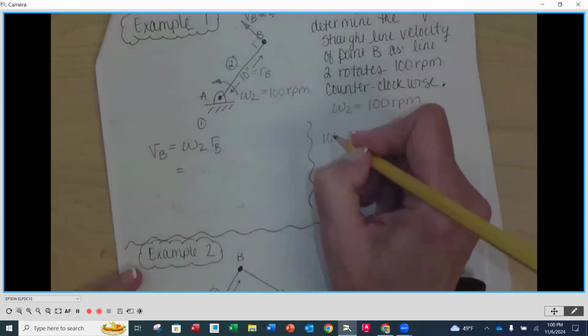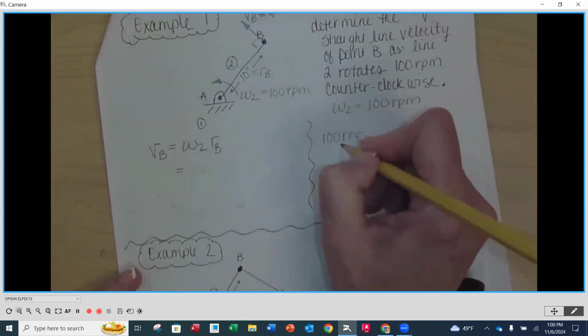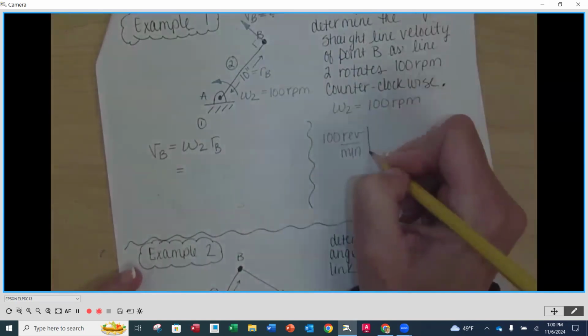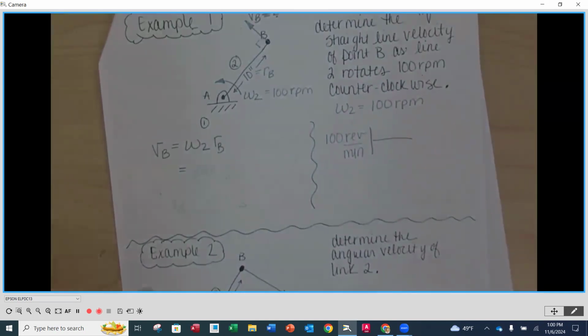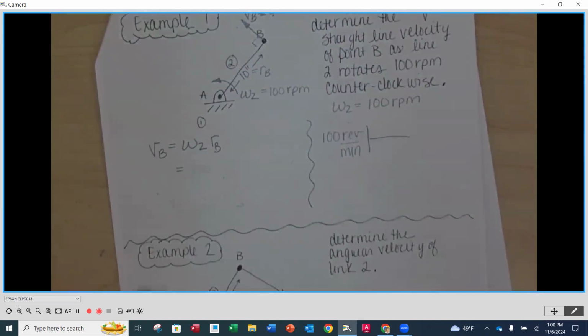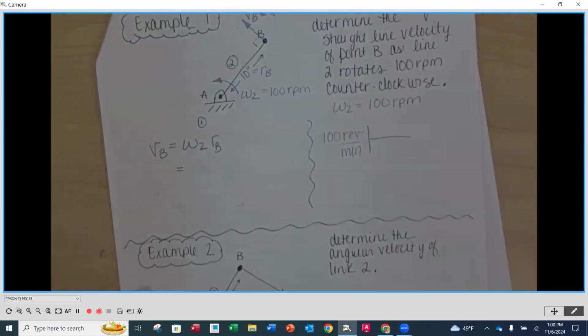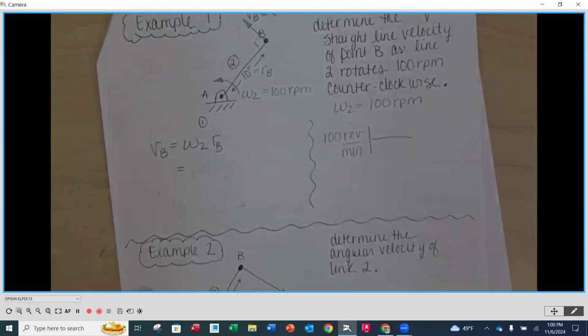So we're going to do 100 revolutions per minute, and now I use the vertical lines. I encourage you to do that as well. That way you see over on the side here, it's noticeably a unit conversion as opposed to being an equation with variables, okay?